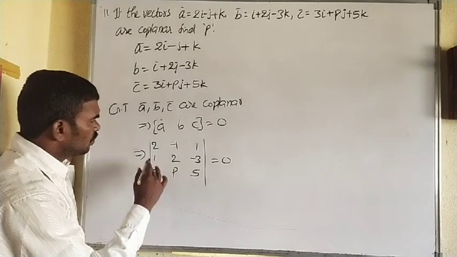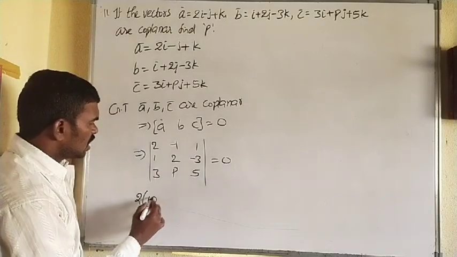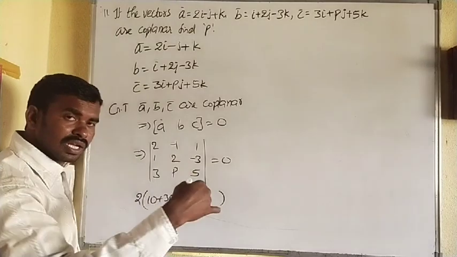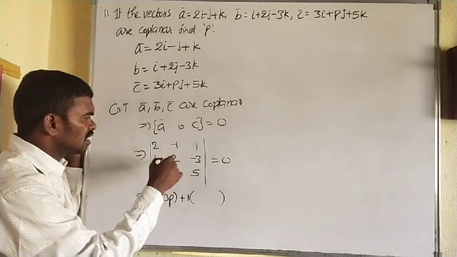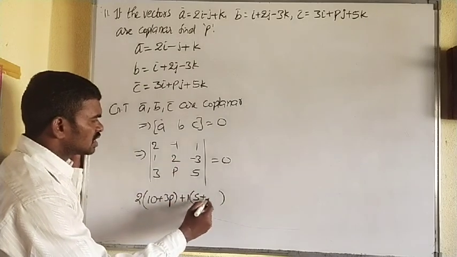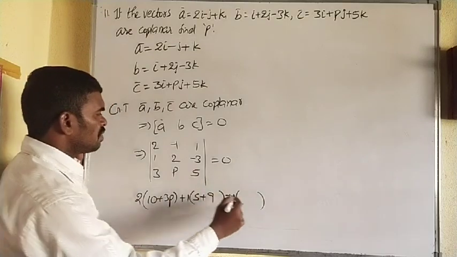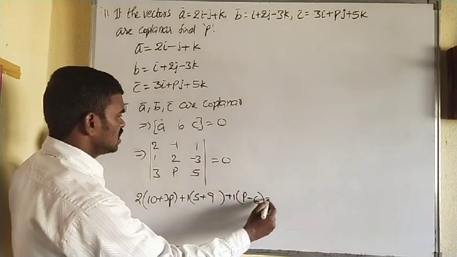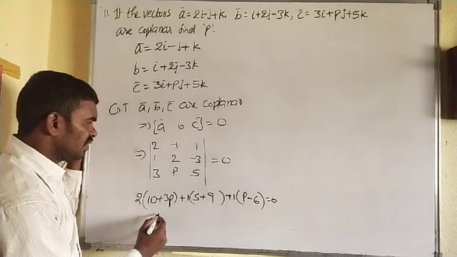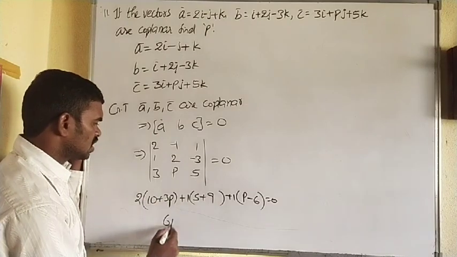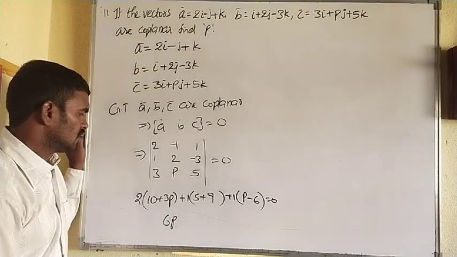2 into 10 plus 3p, plus 1 into, you do it in the normal method, I am writing directly, 5 plus 9, plus 1 into p minus 6 is equal to 0. So we get 2 into 3, 6p. Sorry, 2 3s are 6.